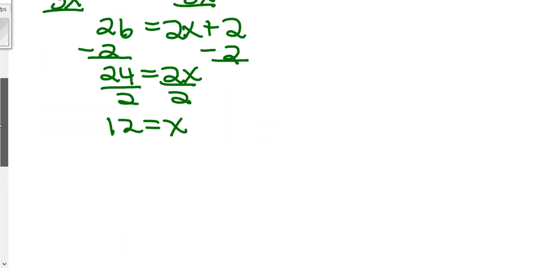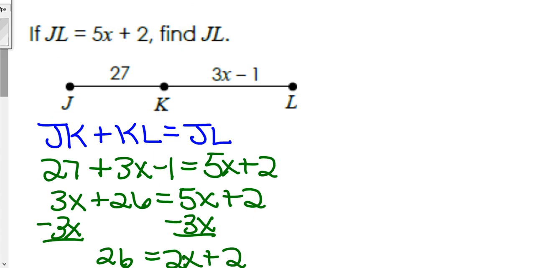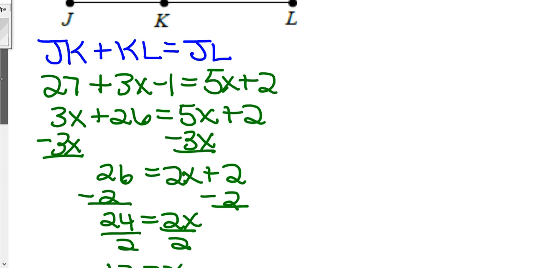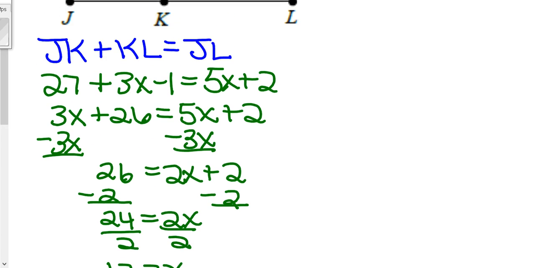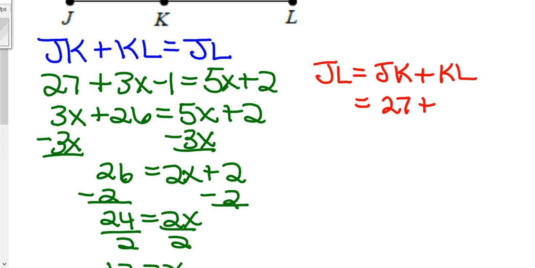Before we conclude, let's go back to our original problem, and it says find JL. So now we have to use our x to find JL. So JL, in this case, according to segment addition postulate, is JK plus KL. So we have to substitute JK and KL's information in to get JL. JK was 27 plus KL was 3x minus 1.